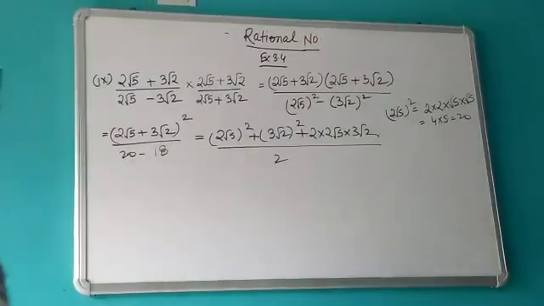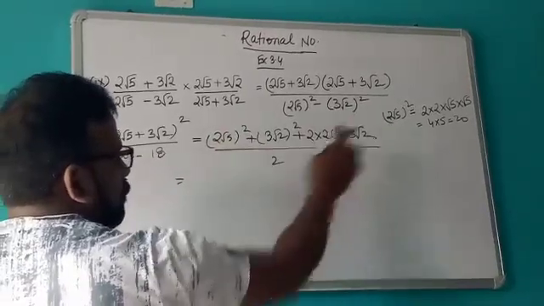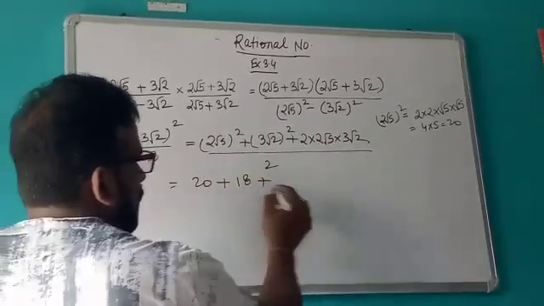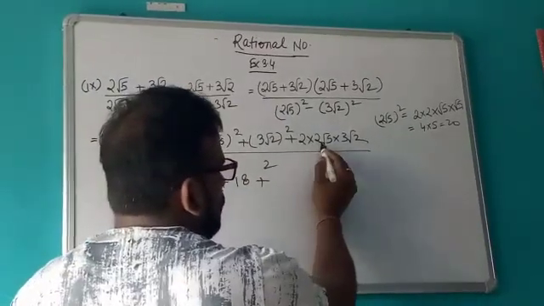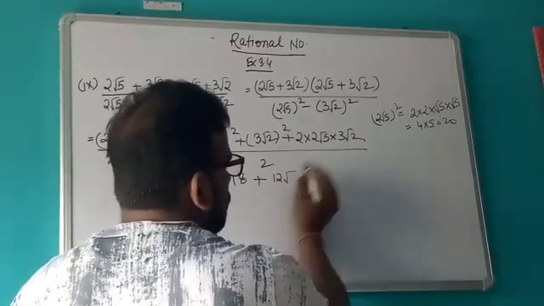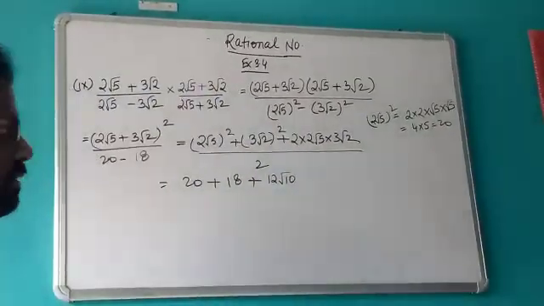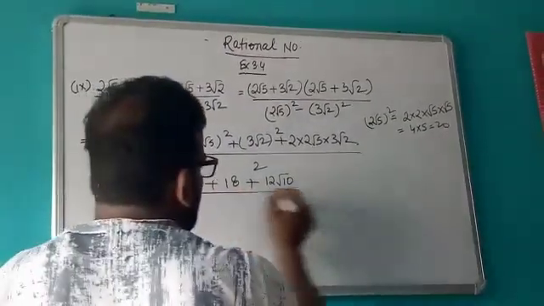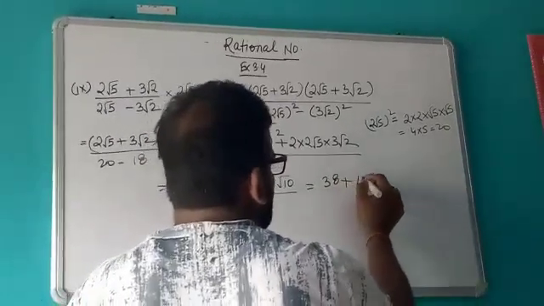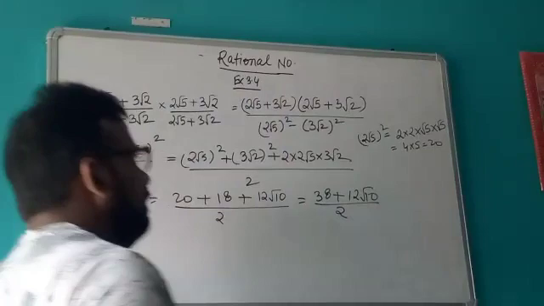Then 2 root 5 whole square we have calculated as 20, plus this was 18, and this is 2 into 2, 4 into 3, 12, root 5 into 2, root 10, divided by 2. So it becomes 38 plus 12 root 10 upon this.